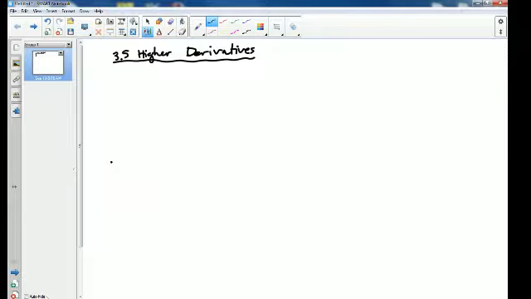We are on higher derivatives, and we'll start with a word problem there. Find the acceleration of a ball tossed vertically in the air.